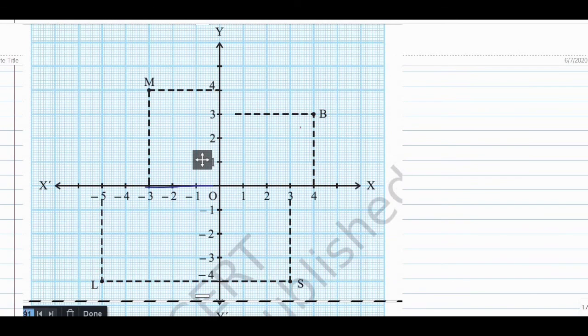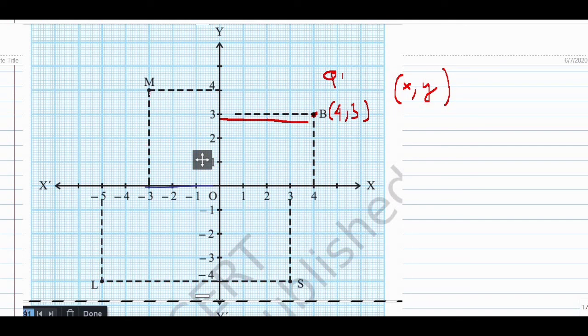Now let's do an example question. You can find 4 points are mentioned. We have to write its corresponding ordered pair, meaning position. The point B is in the first quadrant, so you can identify both are positive, and x is 4 and y is 3.